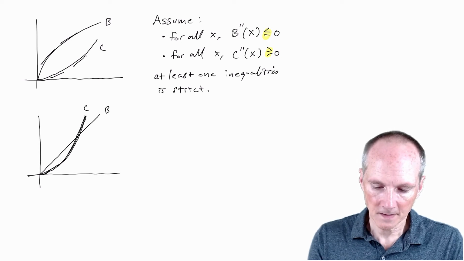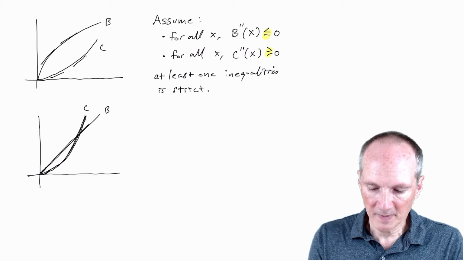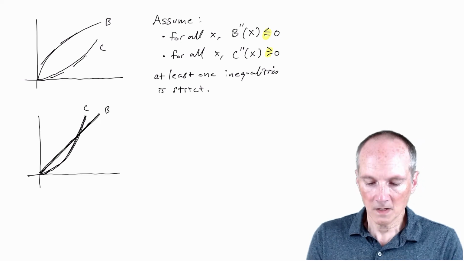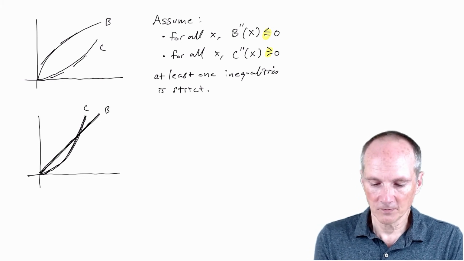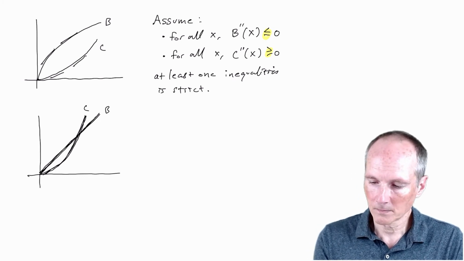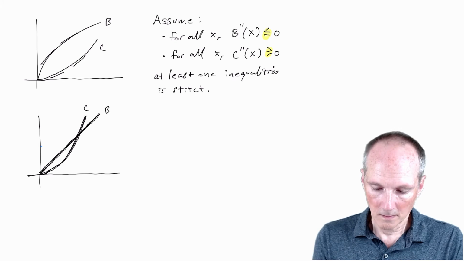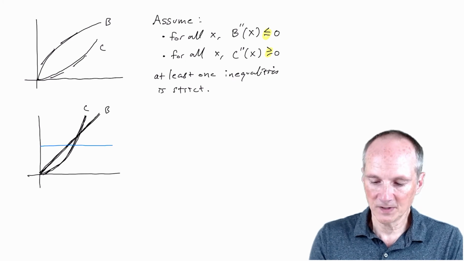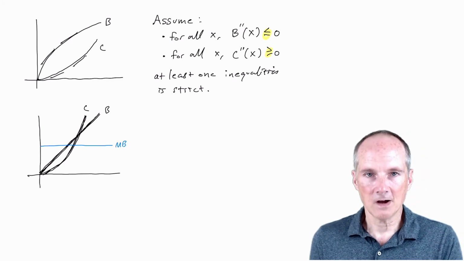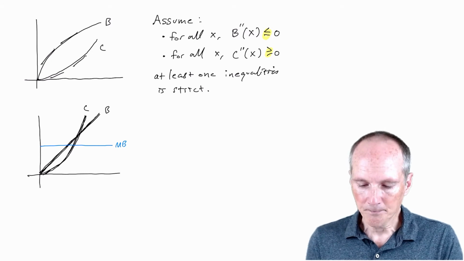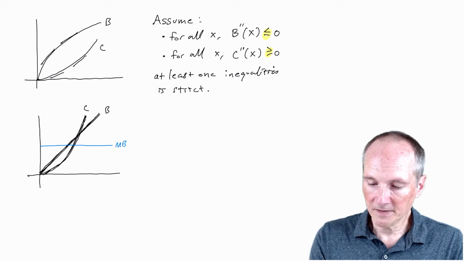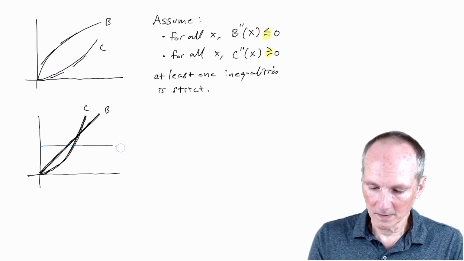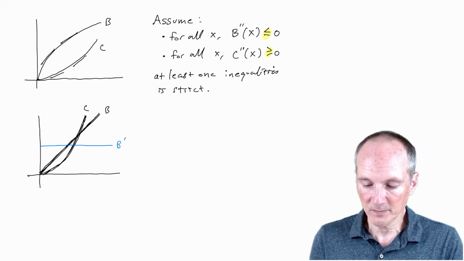Like this. For this linear benefit function, the slope doesn't depend on the scale. So if I were going to draw the marginal benefit function, it would just be a constant. Here I wrote MB for marginal benefit, but we can write B prime too if you want.